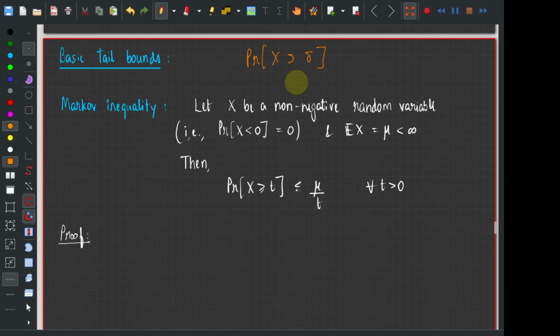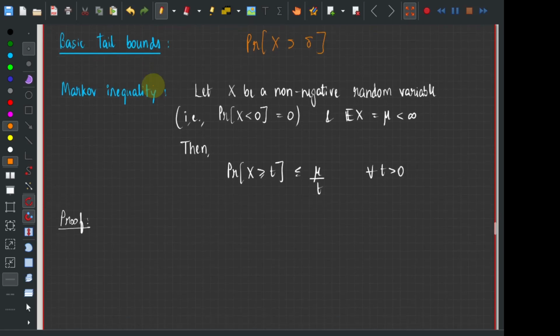For a given distribution, I can maybe evaluate a closed form expression for this, or perhaps numerically evaluate it. But in general cases, even when I don't know the distribution exactly, or when the distribution is very difficult to compute, I still want a reasonably good bound for probabilities of this form. These are called tail bounds, and much of this course will be on deriving tail bounds for various kinds of random variables.